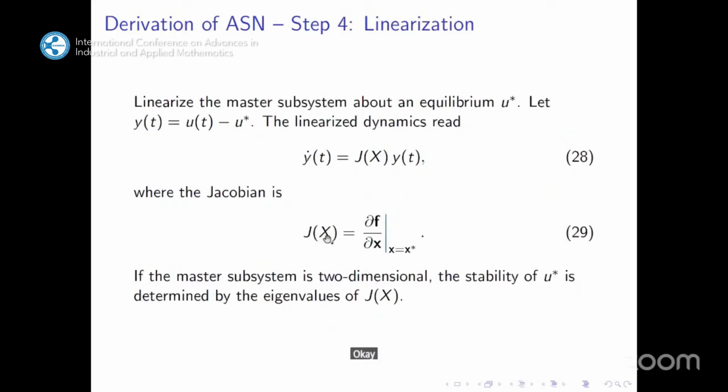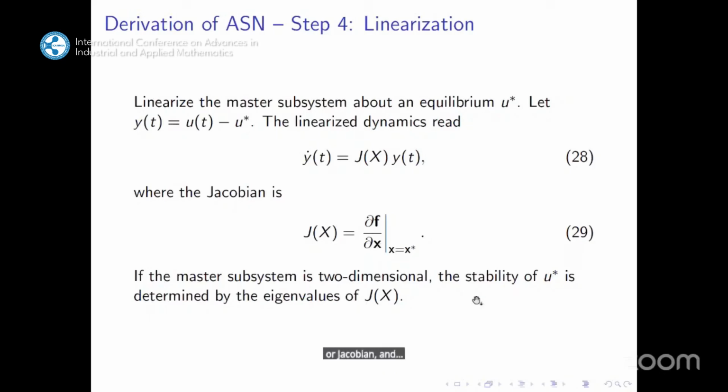Okay, now we linearize the master subsystem about the equilibrium point, and we let y be u of t minus u star, and linearize the dynamical system, which will be of this form, where J is our Jacobian.